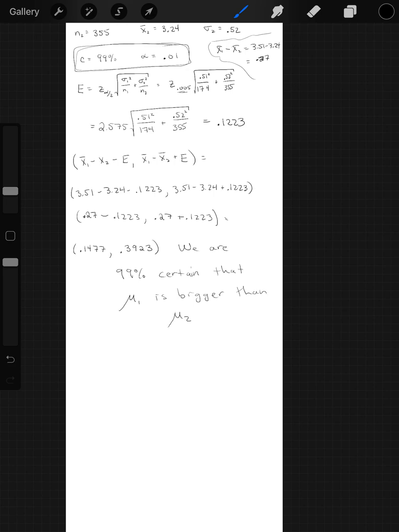Because mu1 minus mu2, we're 99% certain that that's going to be a positive number, and that means that mu1 has to be the bigger one, right? So that's how we interpret these sorts of things.